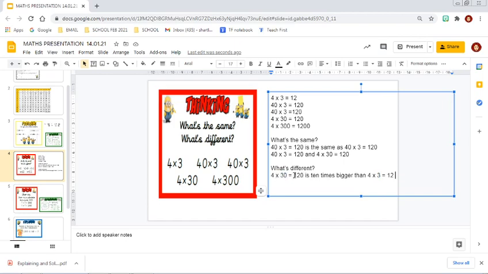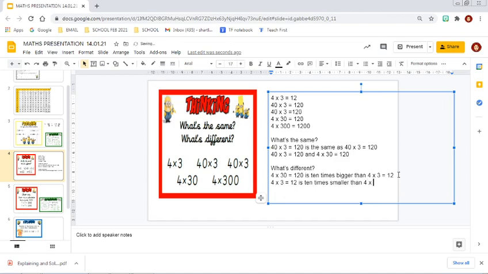4 multiplied by 30 equals 120 is 10 times bigger than 4 multiplied by 3 equals 12. I could also say this the other way round. So I could say 4 multiplied by 3 equals 12 is 10 times smaller than 4 multiplied by 30, which equals 120.